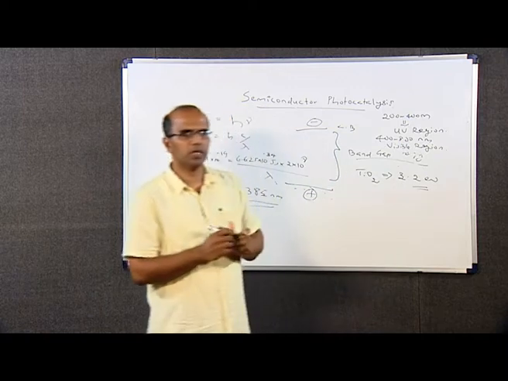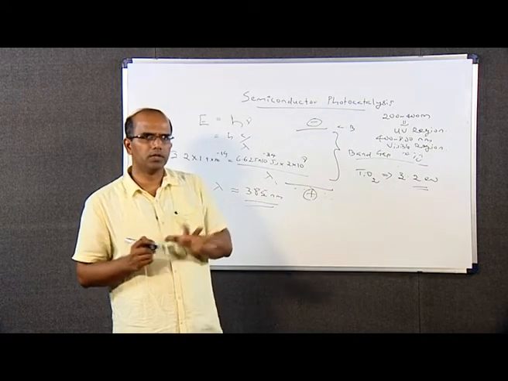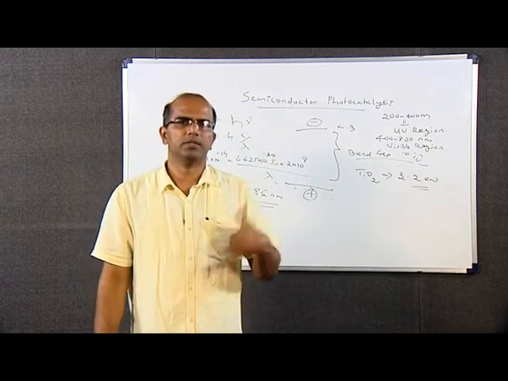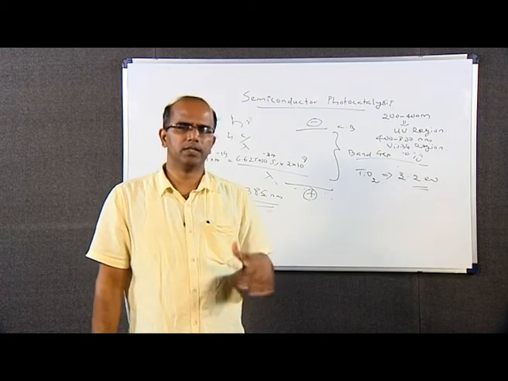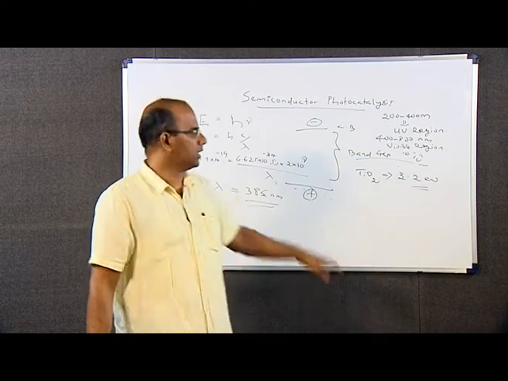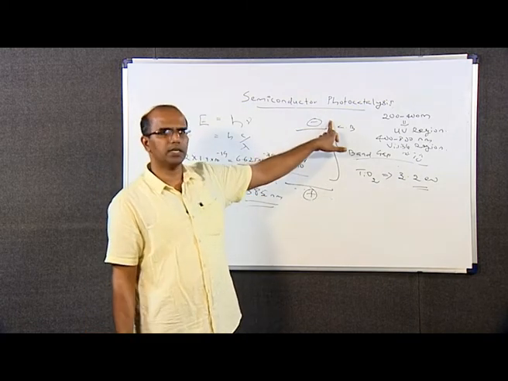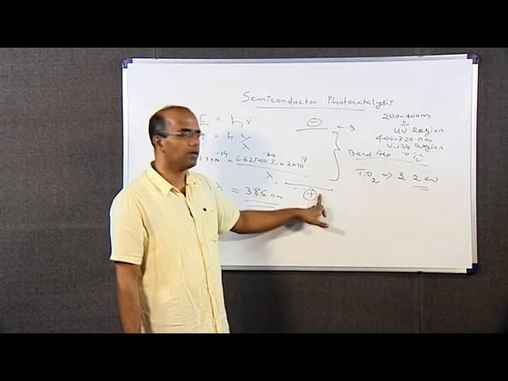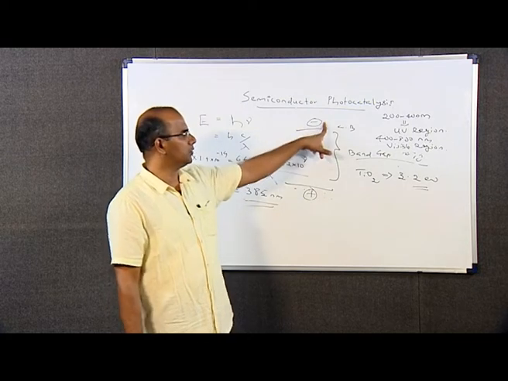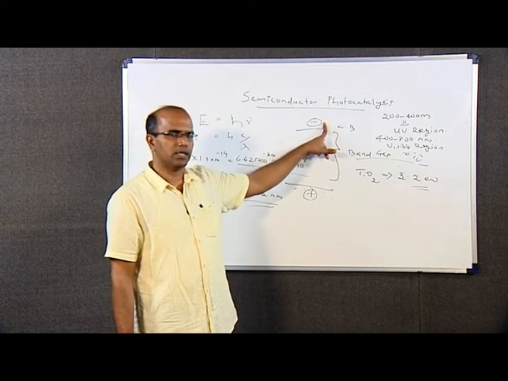So if you put a UV light on the semiconductor coating that can be made upon the tile surface or the glass surface, what happens? An electron will be ejected from the valence band to the conduction band. So you have a hole in the valence band and an electron in the conduction band.